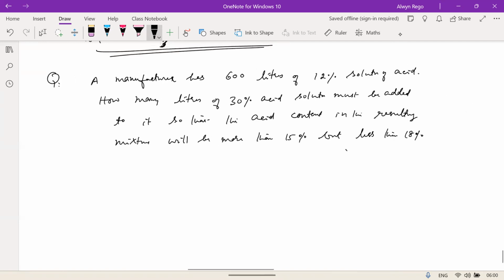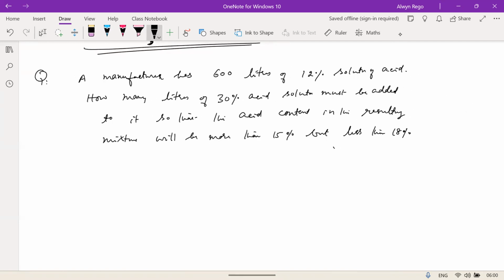What they're trying to say is that someone is having 600 liters of 12% acid. Now they're mixing some 30% acid.